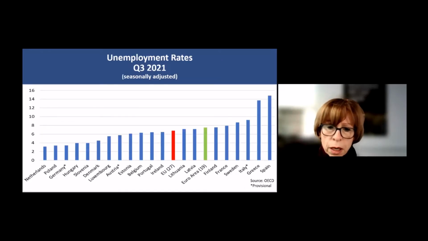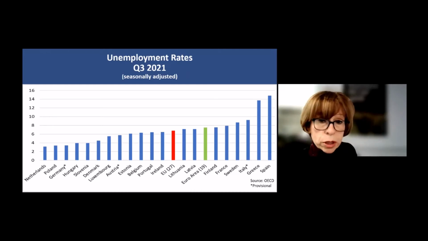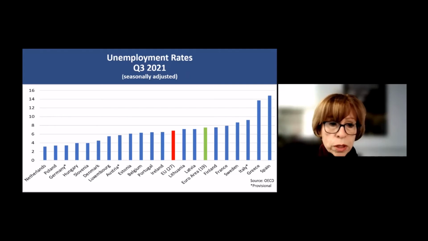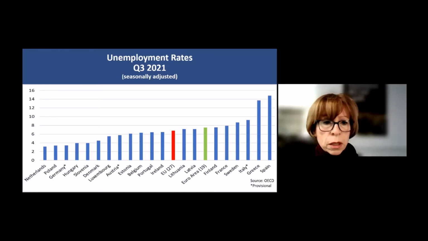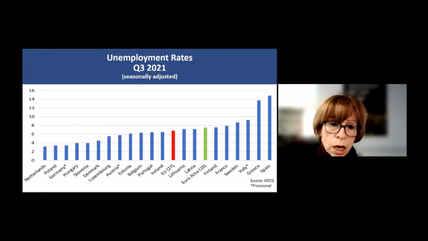Here again, it's always helpful to look at a cross-sectional analysis and see how your country that you choose stacks up against other countries in the EA. So Netherlands had a relatively low unemployment rate, less than 4%, whereas Spain was topping 14% in Q3. A rather large range here from the lowest to the highest.